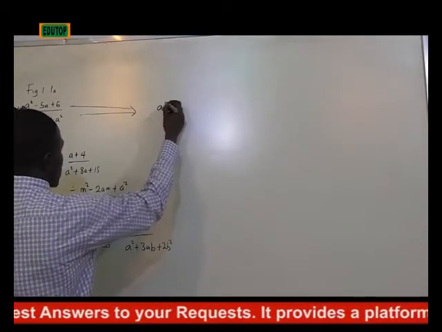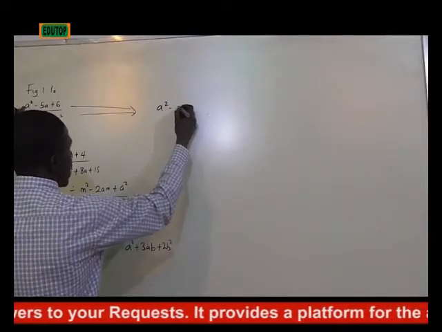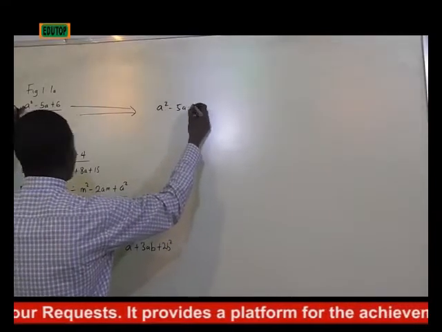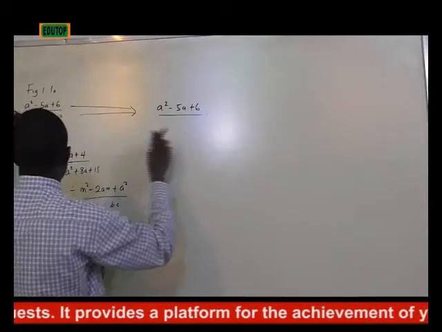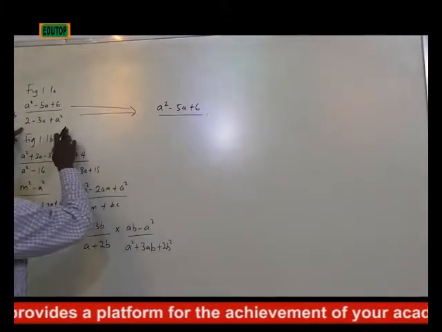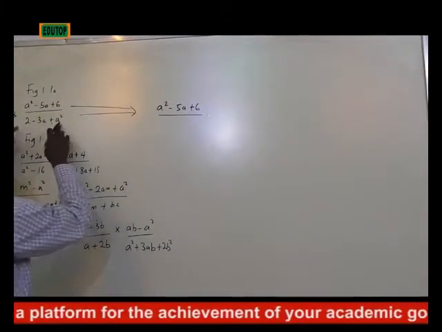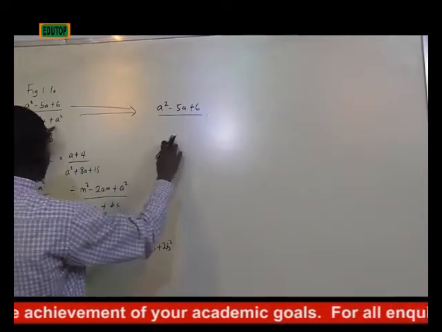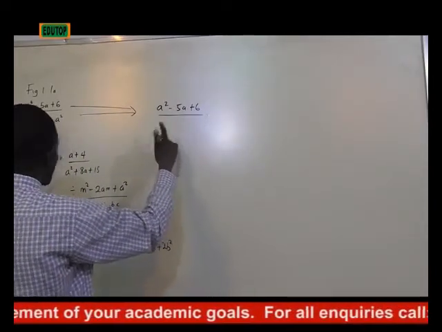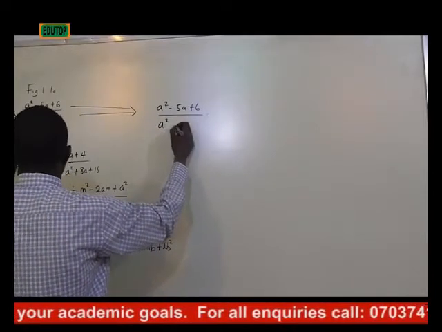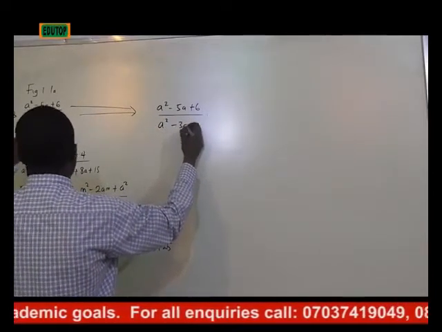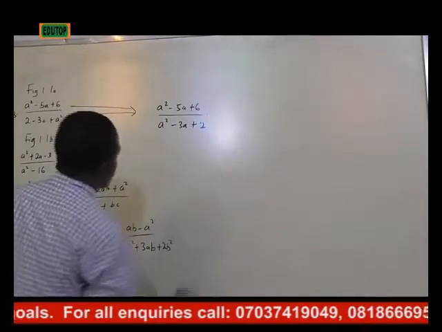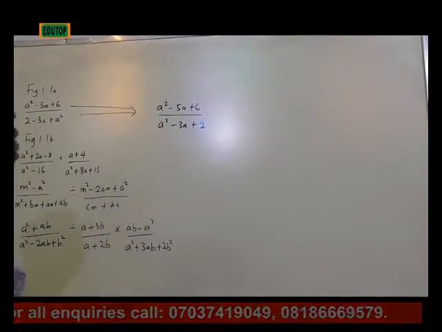The numerator is a quadratic expression, minus 5a plus 6. But the denominator is a bit different from the numerator. So let's restructure the denominator such that it looks like the numerator. That means this a squared comes first. A squared minus 3a plus 2. So this is what we're going to have.